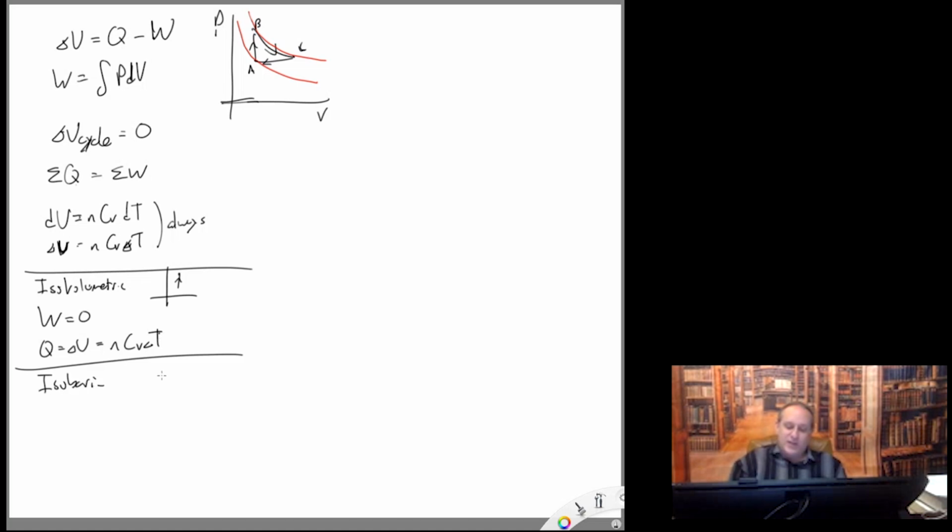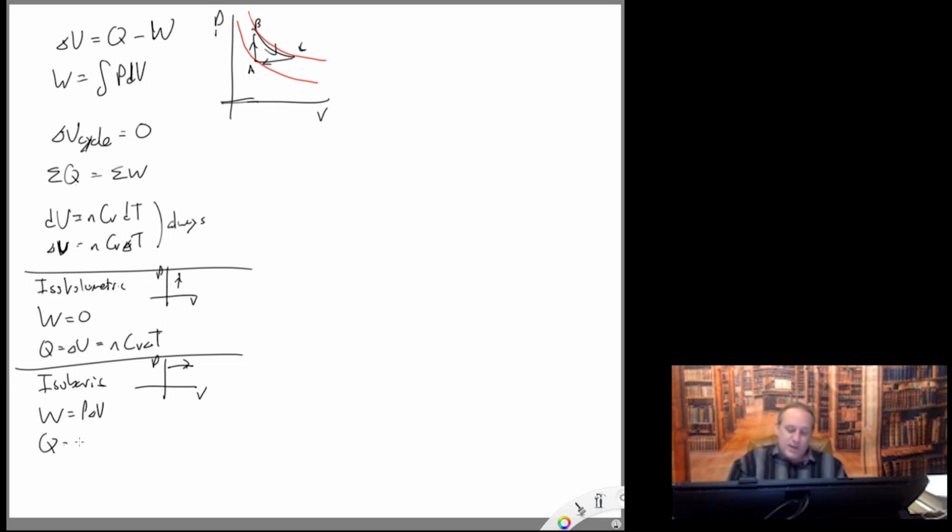We have isobaric processes. An isobaric process is a constant pressure process. It looks like a horizontal line if we're graphing P versus V. And so the work is just P times delta V. Instead of having to integrate, the P is a constant, so it pulls out of the integral.